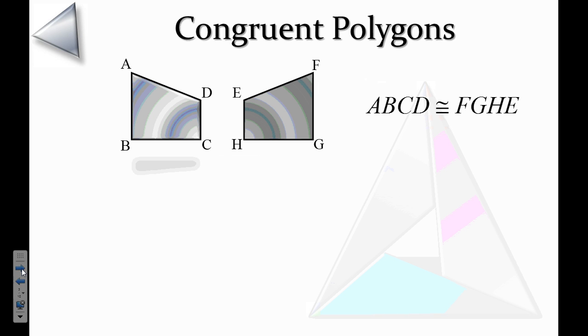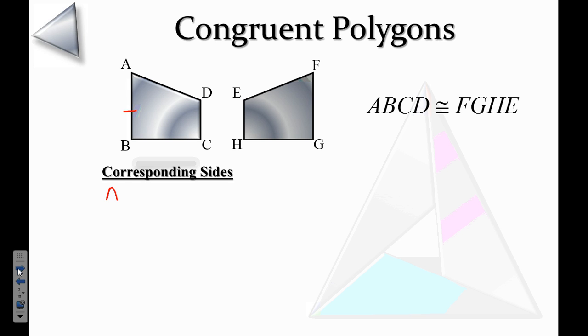So when you have congruent polygons, when they state that they're congruent, they can ask you to name the corresponding sides, and they can ask you to name the corresponding angles. So which side do we want to start with? AB.